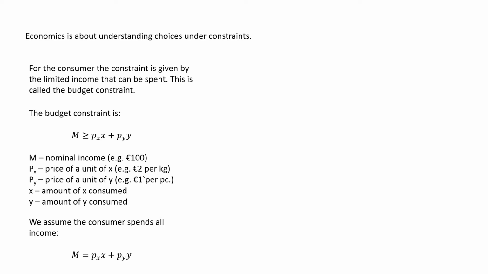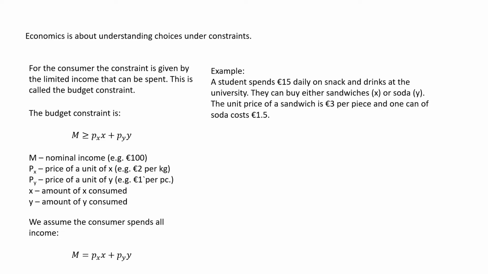Let us see an example. We have a student who has a limitation of 15 euro to be spent daily on snacks and drinks at the university. The student has a choice between sandwiches, denoted by X, or soda, denoted by Y. One sandwich costs 3 euro and one can of soda costs 1.5 euro.